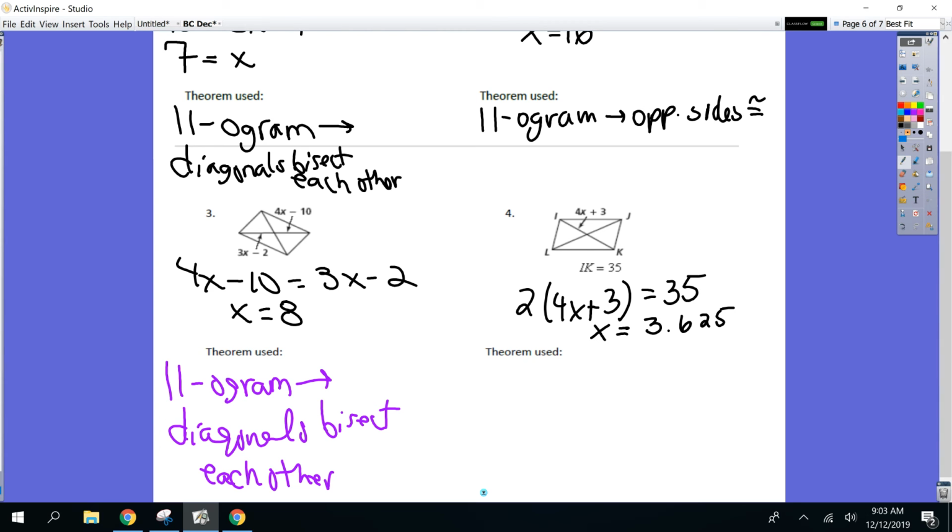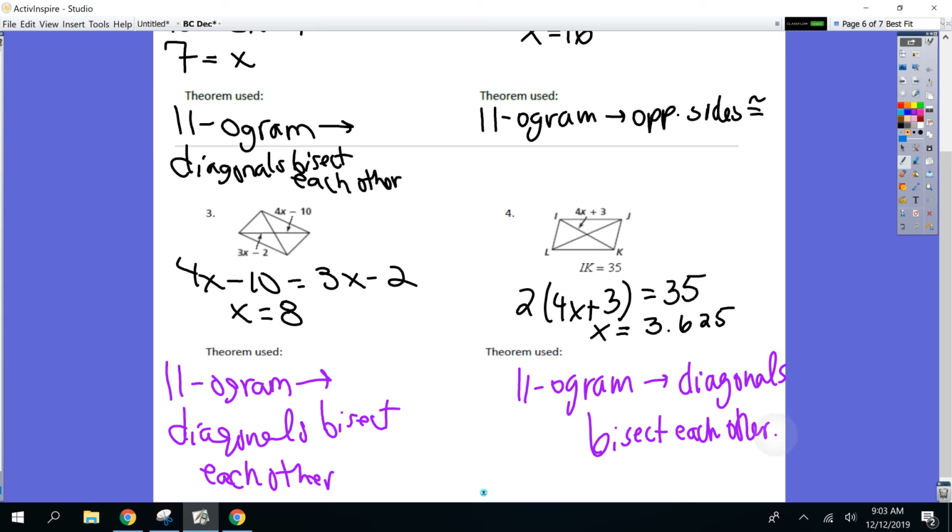Why'd you set up that equation, Dylan? Parallelogram implies diagonals bisect each other. Yep. There's not much we can do with the sides and the diagonals here, but yep. Not bad. Not bad for a rookie.